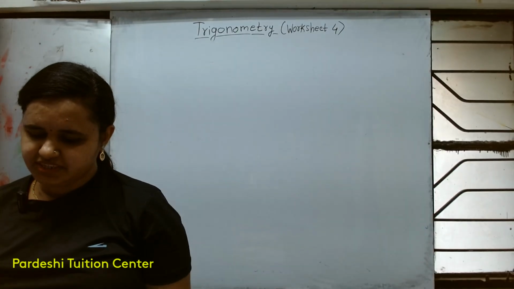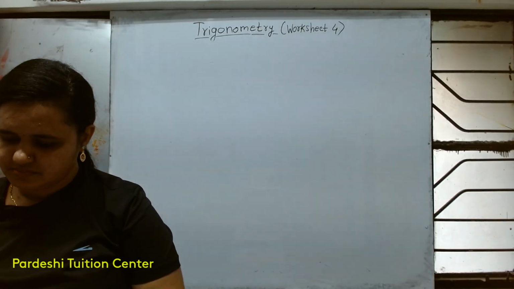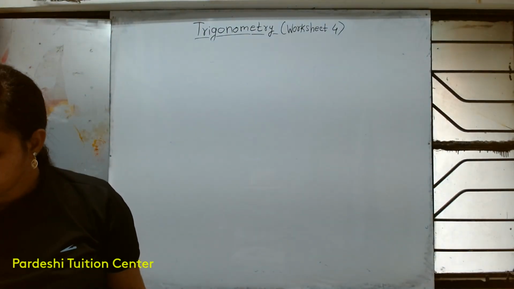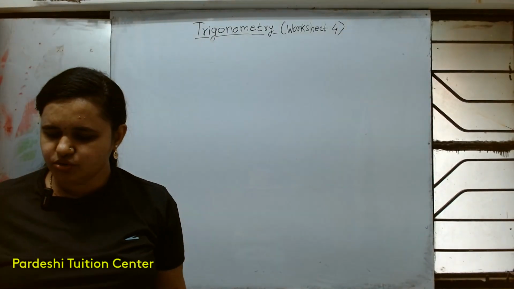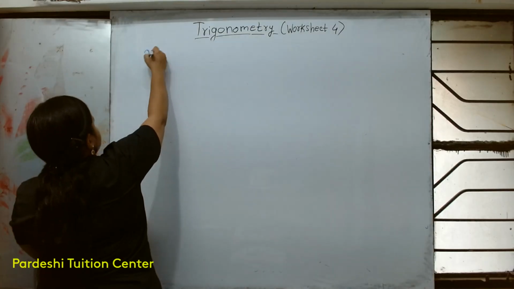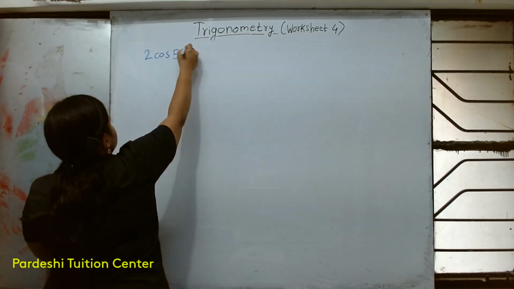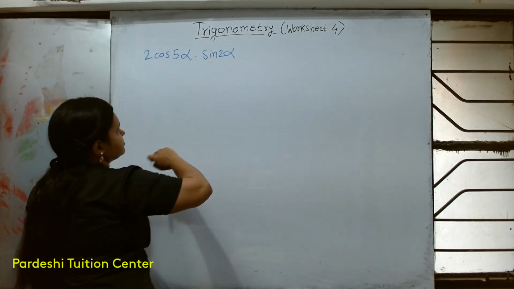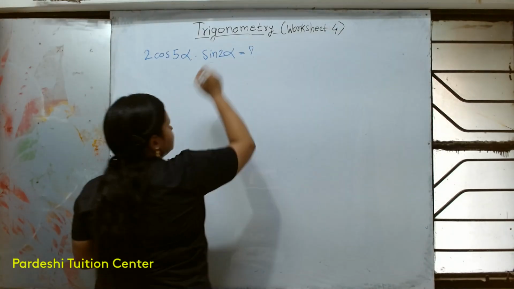Now, question 6. Question 6 is 2 cos 5 alpha into sin 2 alpha. We have to find the value of this.